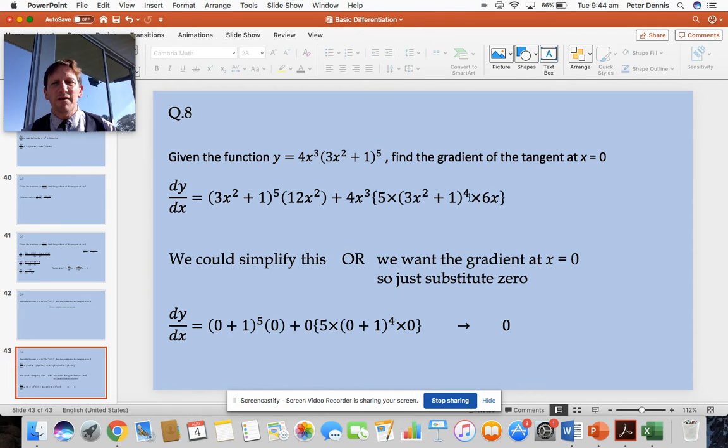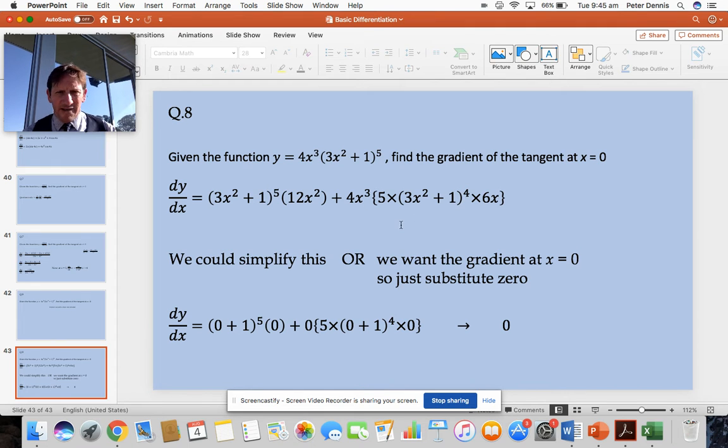This is exactly what I've got here. And where did this 6x come from? We've got to multiply it by the derivative of what's inside the bracket. What is the derivative of this? 6x.